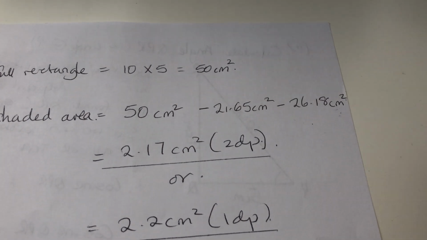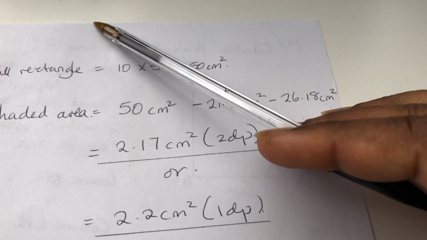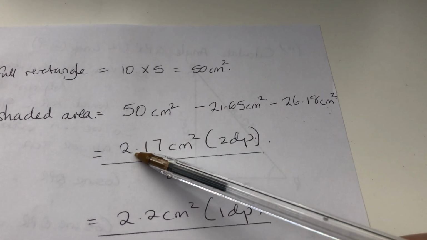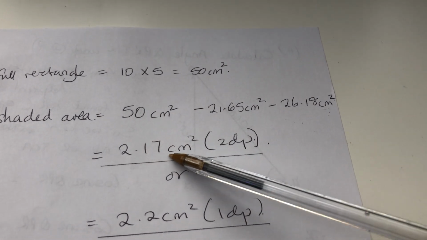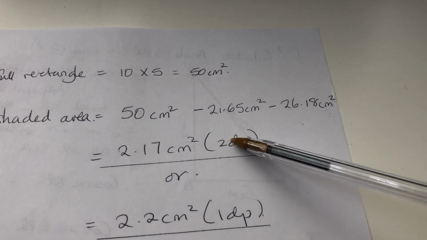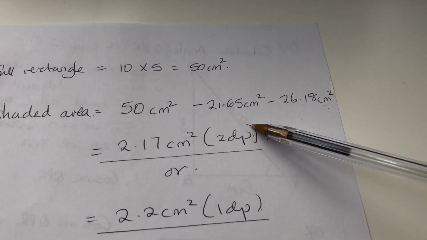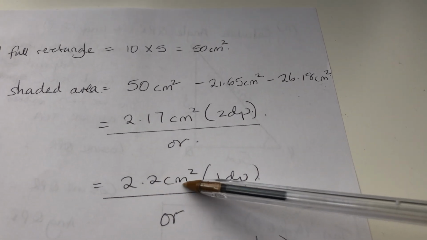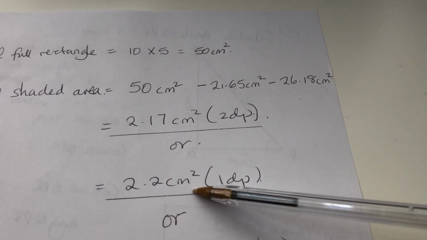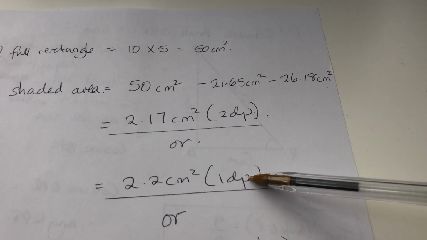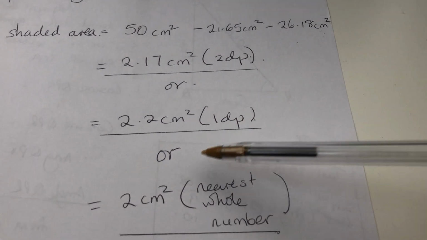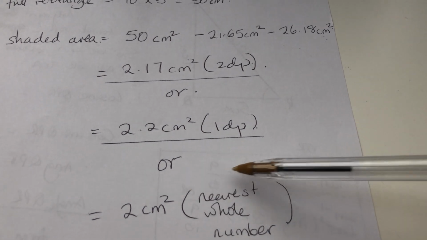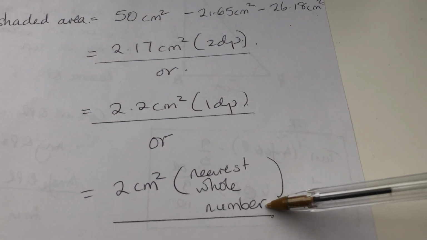Area is always the unit squared. So if you subtract, the shaded area becomes 2.17 centimeters squared to 2 decimal places. 2.2 centimeters squared to 1 decimal place, or 2 centimeters all squared to the nearest whole number.